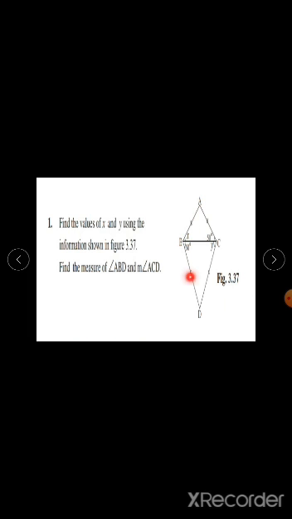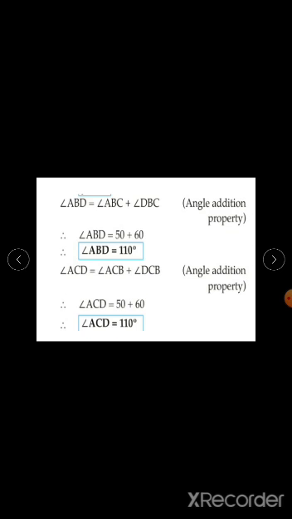Substitute angle ABC as 50 degrees and angle DBC as 60 degrees. Therefore, angle ABD is equal to 50 plus 60, which is 110 degrees.